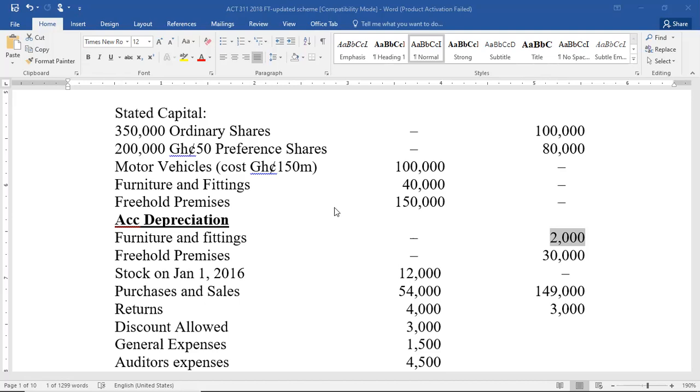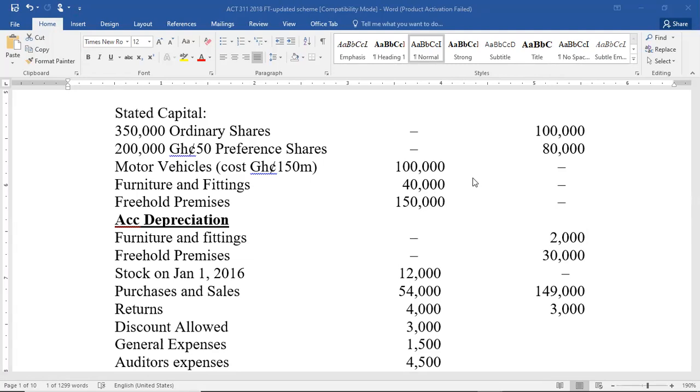The cost of premises is 150,000. There was an accumulated depreciation of 30,000, and you yourself, you have calculated another 12,000. So 30,000 plus 12,000.